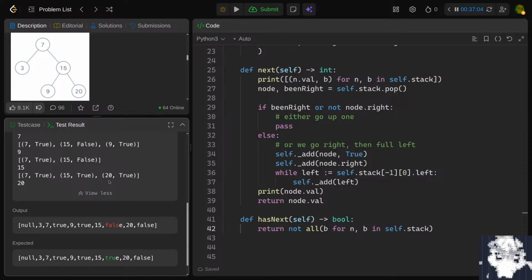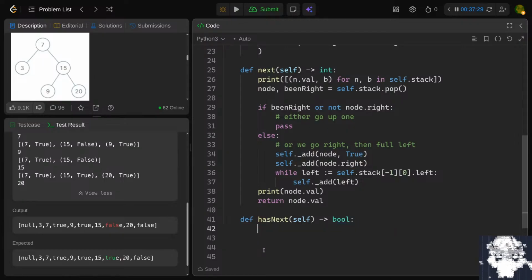No, that doesn't work either, because the 20, or okay, I'm just gonna cheat. And the way I'm gonna cheat is I'm just gonna check if we ended on 20.